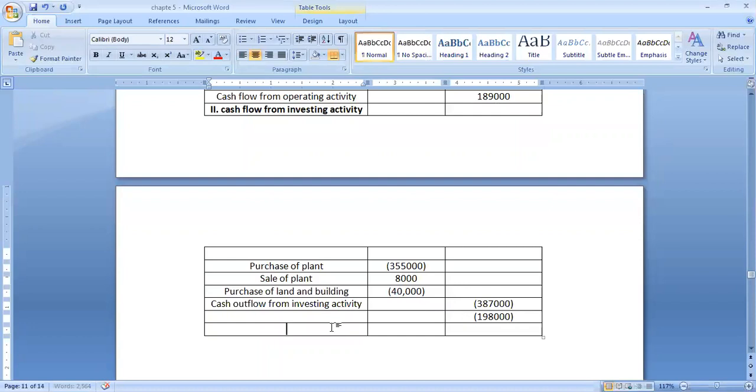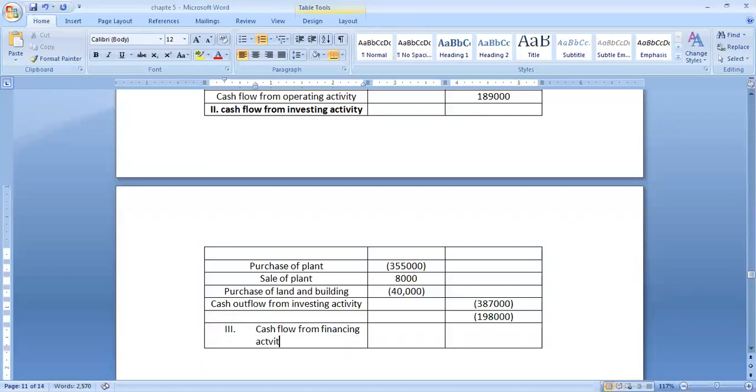So now take the information of cash flow from financing activity. Okay. So what is the cash flow from financing activity? The issue of equity share capital.